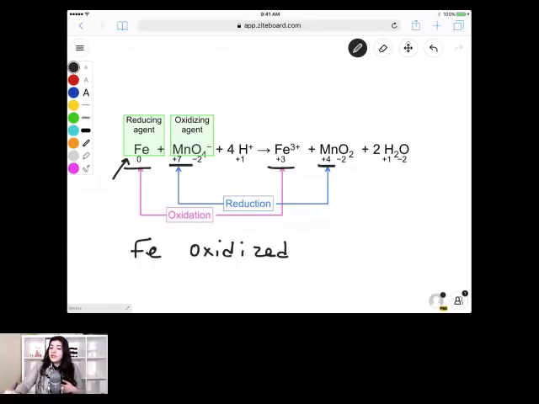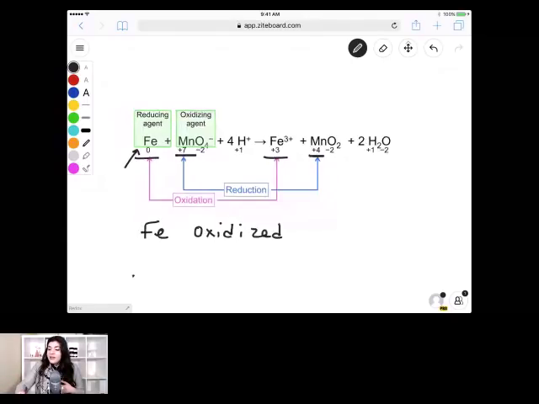And then in our case, we'll see that this entirely is then going to be what's being reduced, because we always look at what is in the reactants rather than what's in the products, because that's what's going to actually be oxidized or be reduced, is what we initially start with, which is always in your reactants.